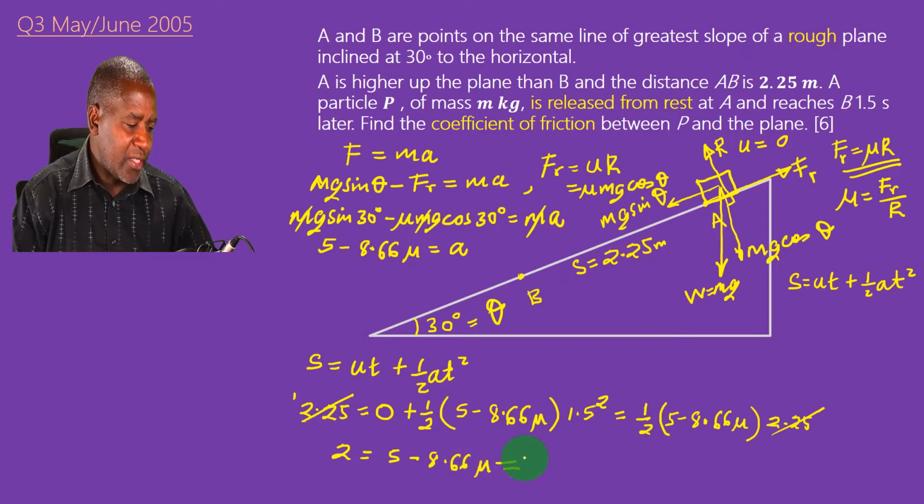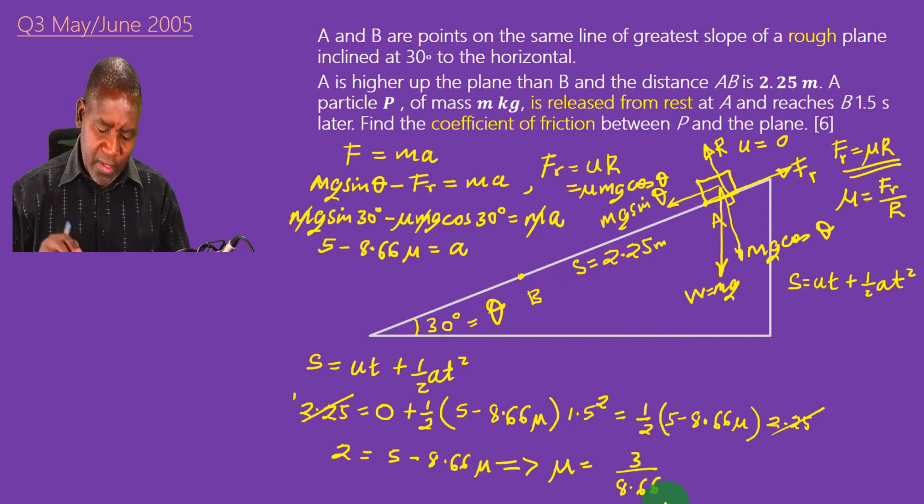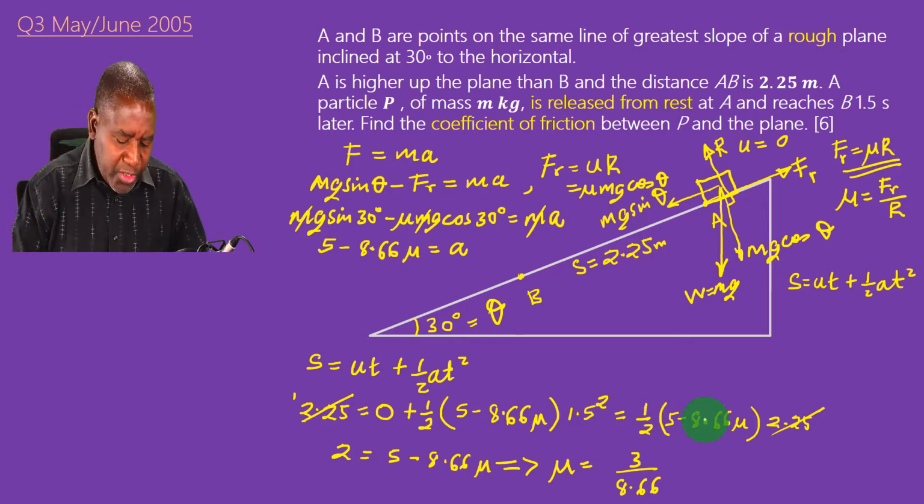And when I rearrange that, I'm going to get my value of mu as 3 divided by 8.66. Let's see whether that gives me the answer. 3 divided by 8.66, and I get 0.346.